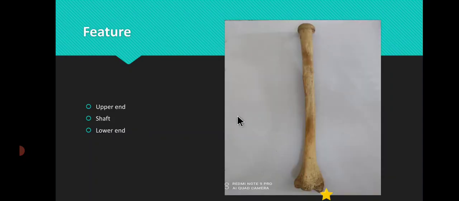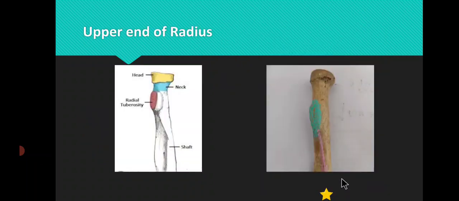So, like other long bones, it has an upper end, shaft, and the lower end. The upper end of radius consists of the head, neck, and the radial tuberosity. The head is articular, and the superior surface is concave.